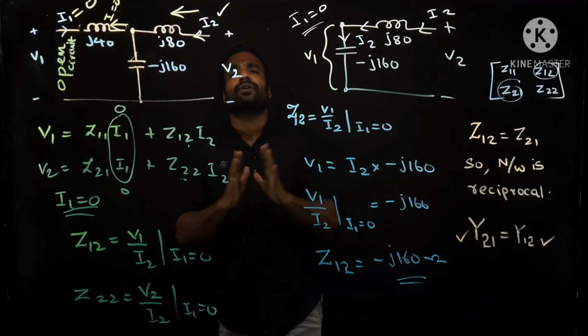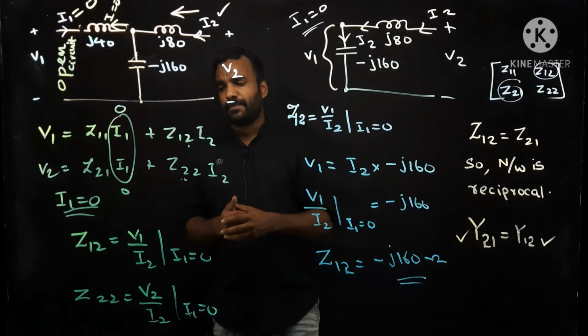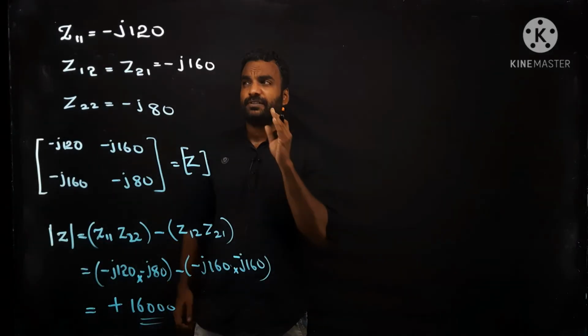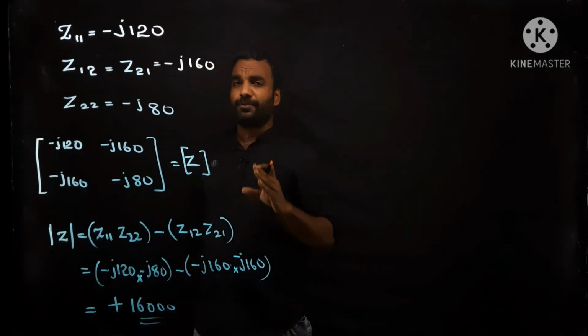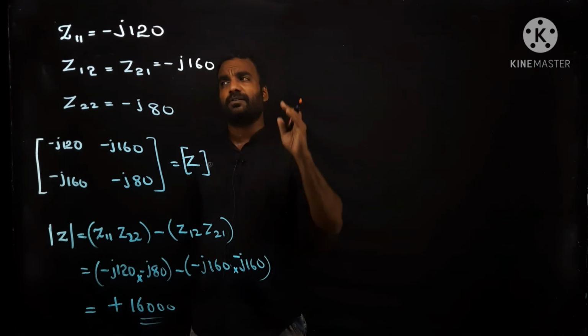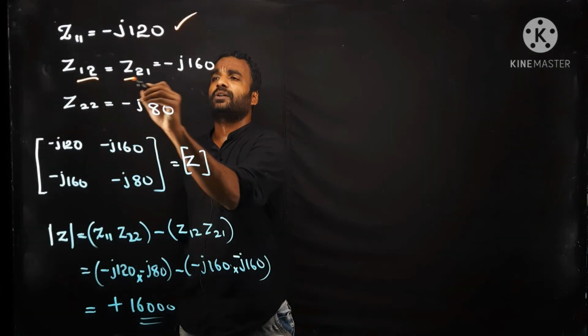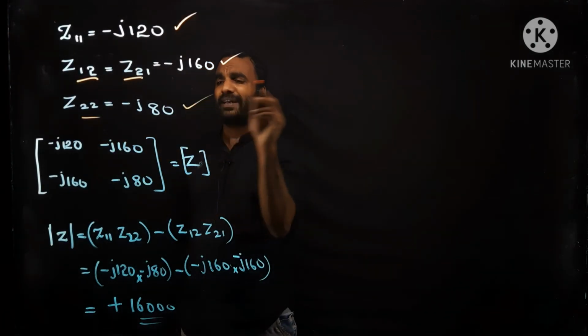Now we are moving to the final step, that is conversion from Z parameters to Y parameters. This is the final and simple step, since we already know the basic equations for converting Z parameters into Y parameters. So this is Z11 we already obtained, Z12 and Z21 are the same, that is minus J160, and Z22 is minus J80.